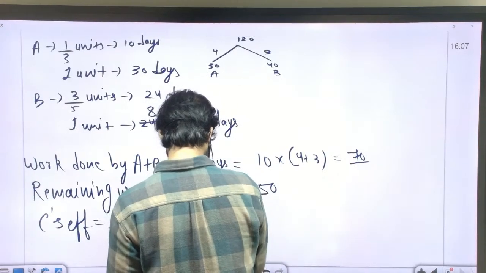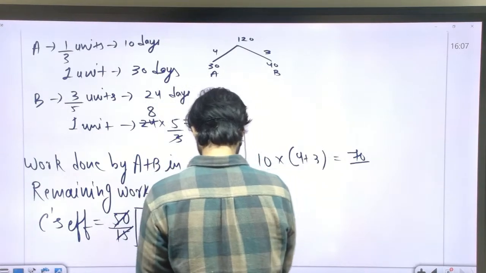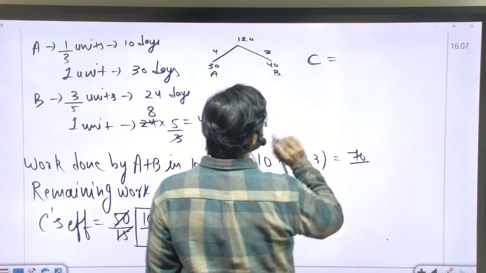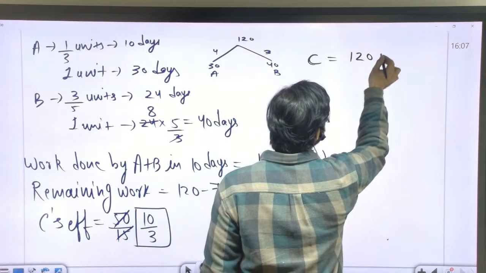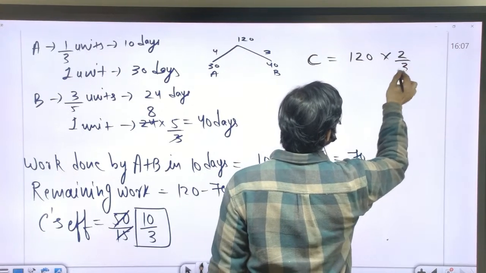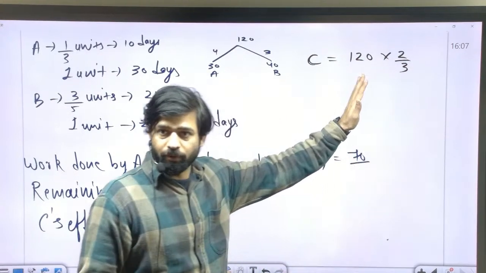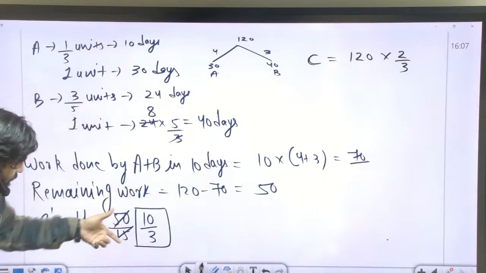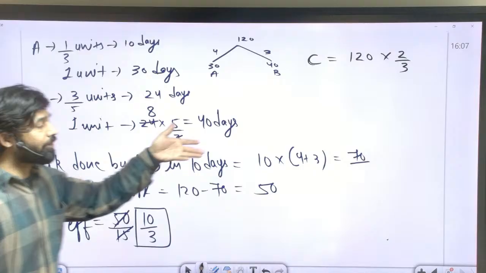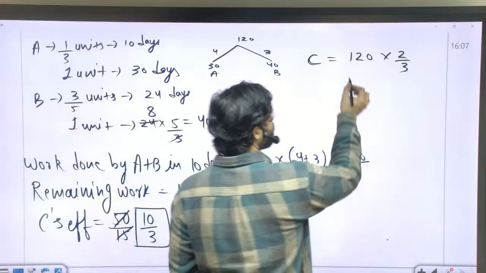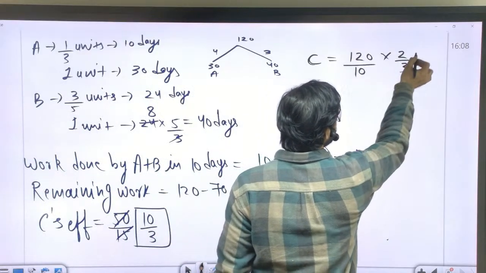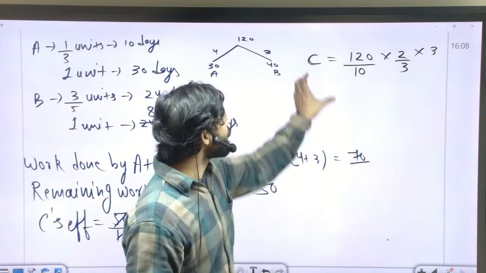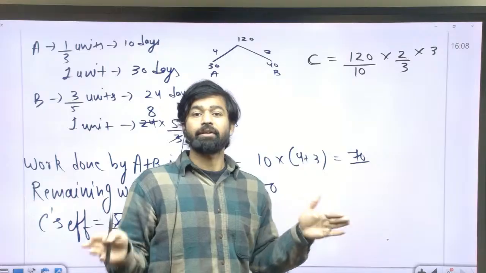Okay. Now C has to do 2/3 of the total work, and we have to take the efficiency of C, which is 10 by 3. So we have to divide. I'm not finding that after cancelling it, it will be 80 units.